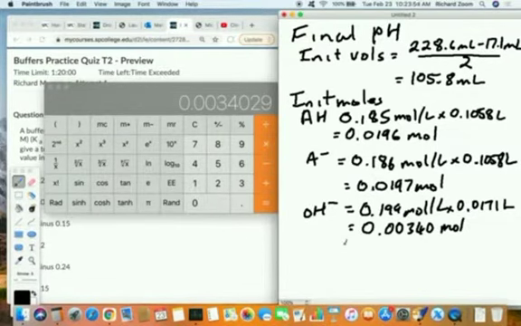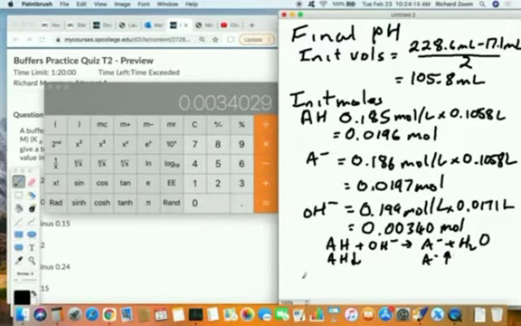Now, since we're adding OH minus, then according to our equation here, AH plus OH minus gives A minus plus H2O. I'm expecting the AH will go down and the A minus will go up. So we'll do the reaction moles.